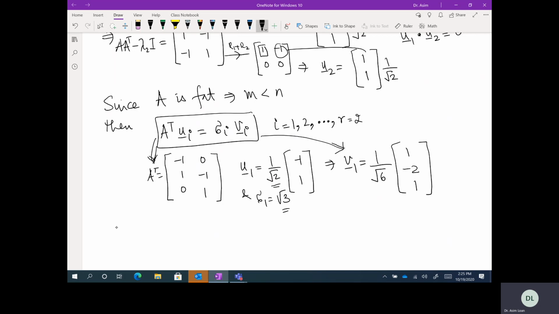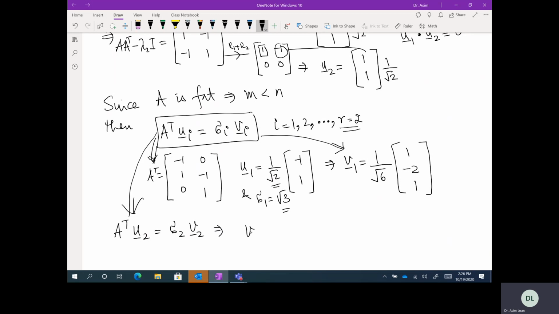Okay. And what about U2? So A transpose U2 is going to be sigma 2 V2 from this equation, because r is equal to 2.